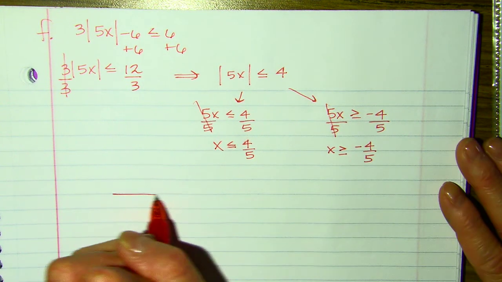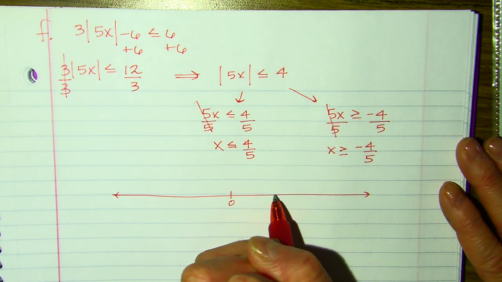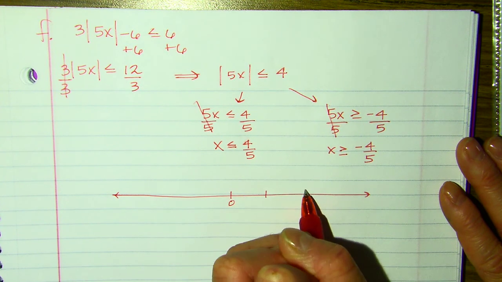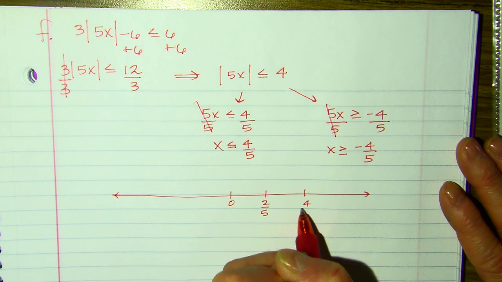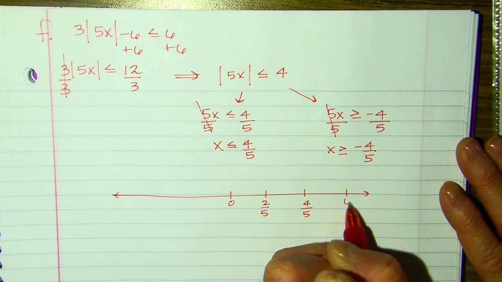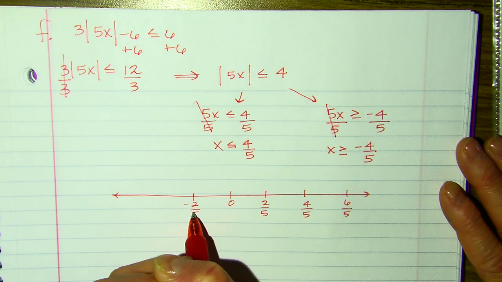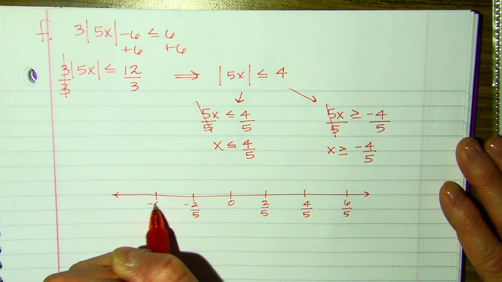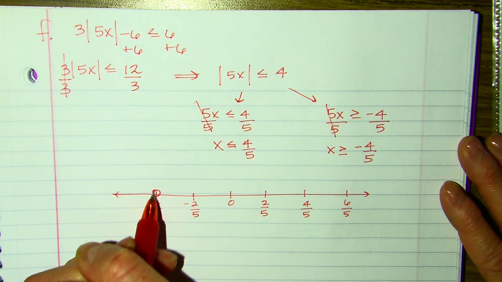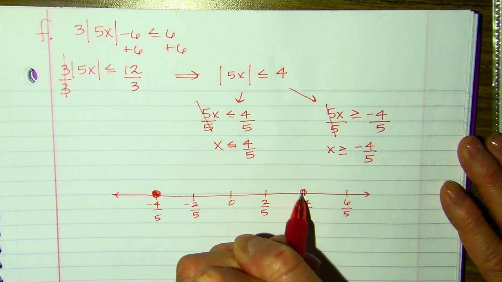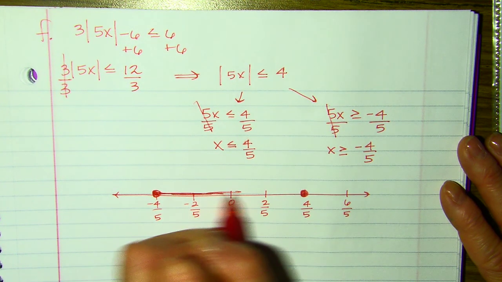So on a number line, if I made this 0, and this is 2/5, 4/5, this would be 6/5, and the opposite direction would be negative, and so forth. I have an equal to, so these are both solid. It's less than but greater than that, so again, it's in the middle.